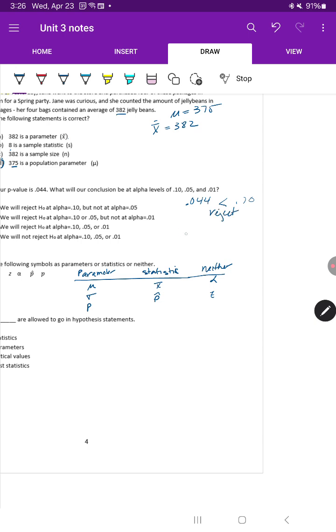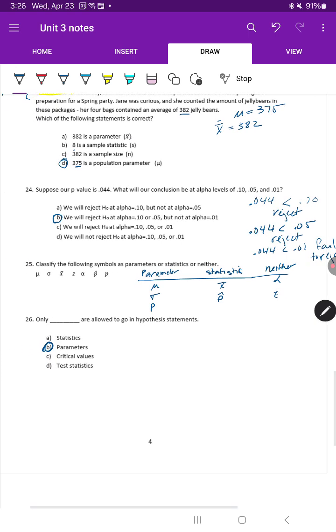My p is low, the null must go. What happens if alpha is 0.05? 0.044 is still smaller than that, so I reject. What about 0.01? Now my p-value is higher, so I fail to reject.